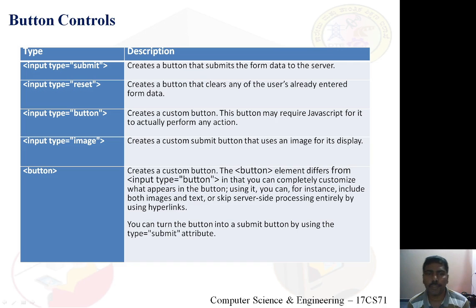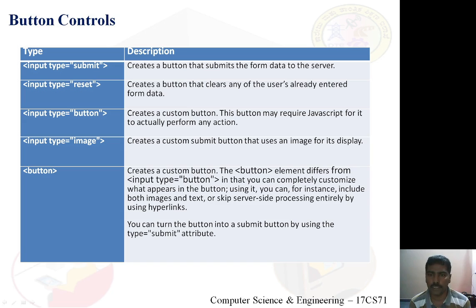The next type of button is reset. The name itself says it: it creates a button that clears any of the user's already entered form data. Got it? The next is the type button. I said validation, right?